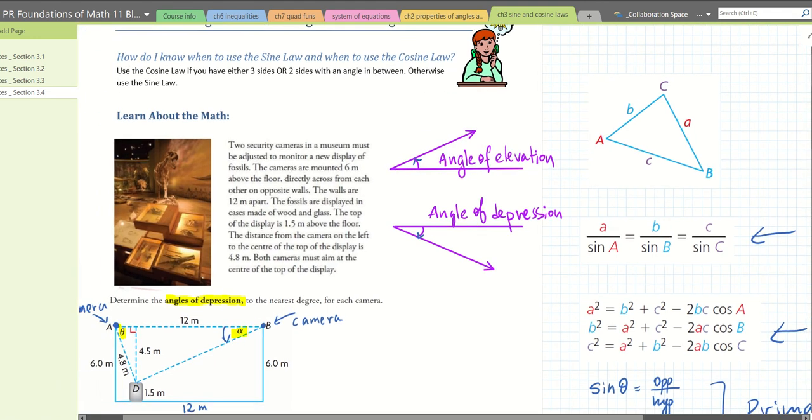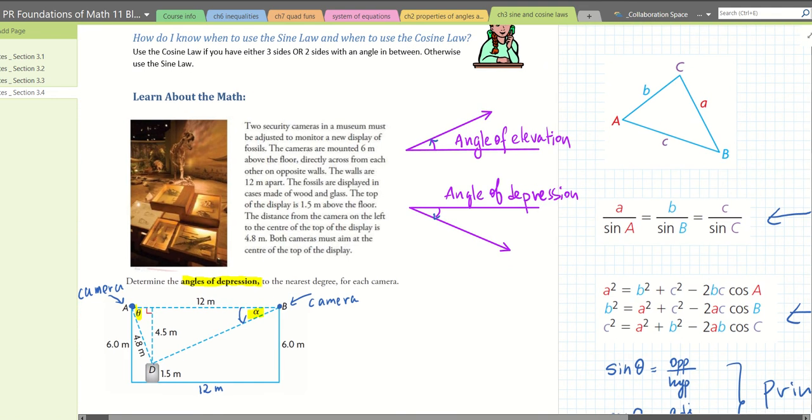So that being said, let's take a look at this problem here. When you have some sort of trigonometric problem, you have all these options you can use, and normally there's probably more than one way you can solve it. Because we learned about sine and cosine law, how to determine which one to use first, what I suggest you do is see if you can use sine law first.